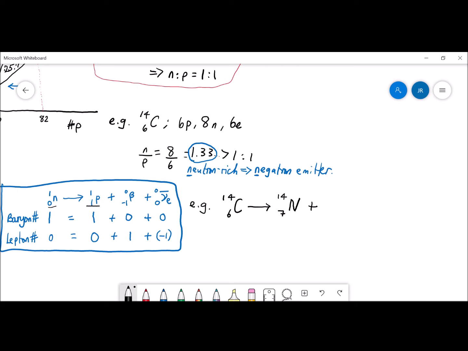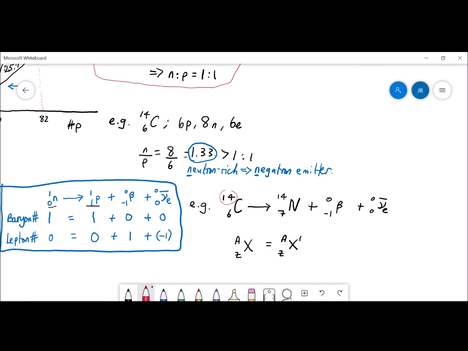And now I can just put the remaining ingredients, the beta particle or the negatron, and the anti-electron neutrino. And we can double check, recall that A, Z of X must equal A, Z of X prime. So we have conservation of atomic mass and conservation of atomic number. So we can double check that.